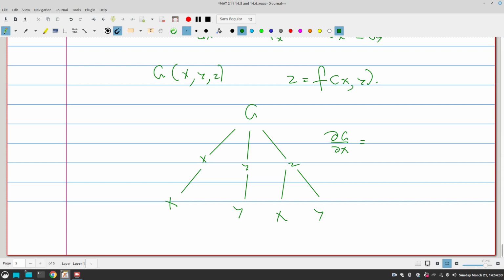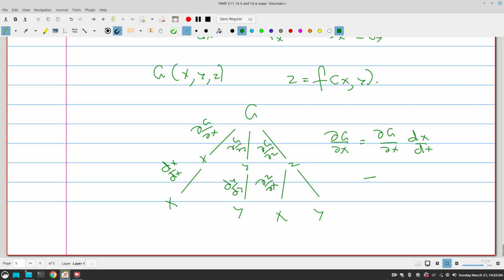This is of course equal to partial g over partial x times dx over dx when you go along this branch. Then you have partial g over partial y, dy over dx, plus partial g over partial z times partial z over partial x, right?